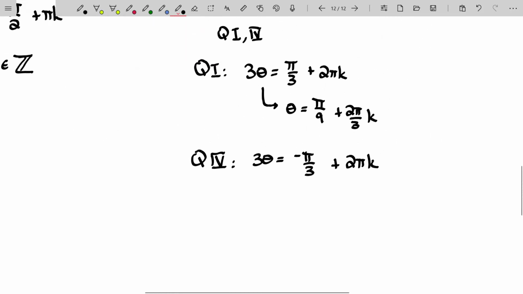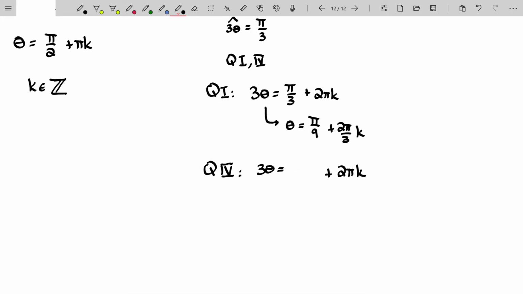So in quadrant 4, with the reference angle of pi over 3, and you're using an online homework system, I would use 5 pi over 3, because that's a quadrant 4 angle. It's between 0 and 2 pi. And now, dividing both sides by 3, you get theta is equal to 5 pi over 9 plus 2 pi over 3 k.